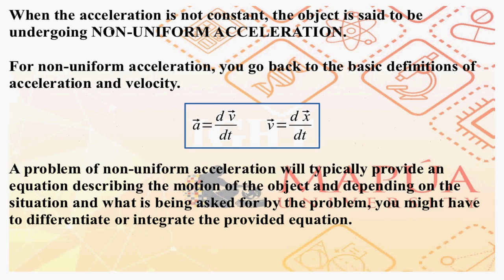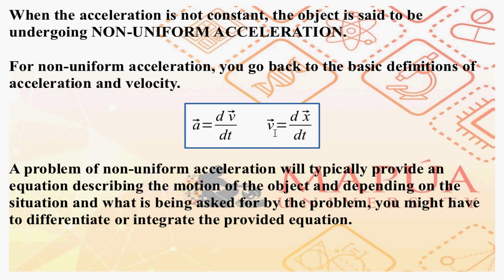When the acceleration is not constant, the object is said to be undergoing non-uniform acceleration. For non-uniform acceleration, you go back to the basic definitions of acceleration and velocity. Acceleration is the rate of change of velocity with respect to time: a is equal to dv over dt.